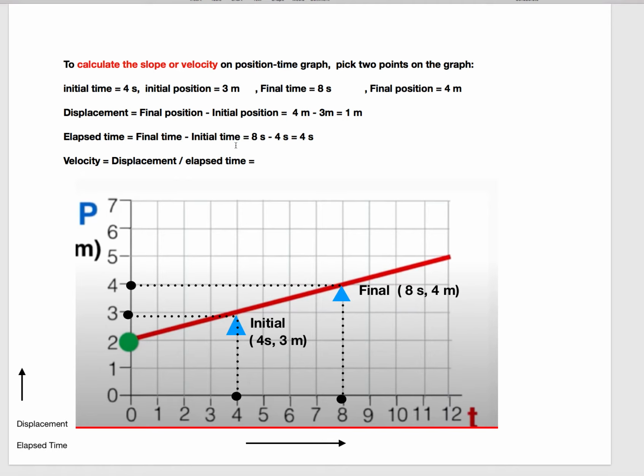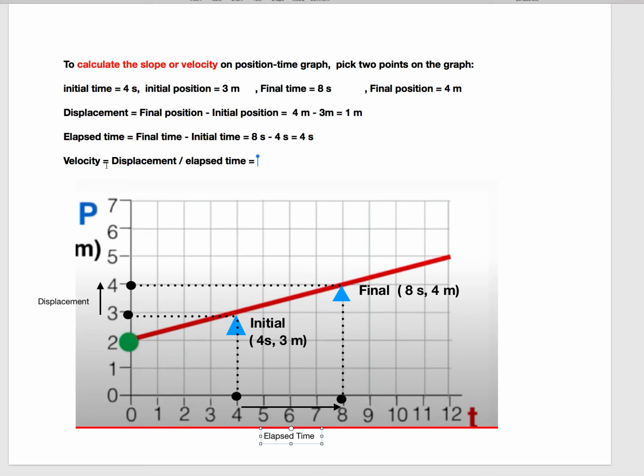So the slope is the velocity. So from 3 to 4 is actually my displacement. This is displacement here. From 3 to 4 it's 1 meter. And then this is the elapsed time here, from here to here. It is 4 seconds.